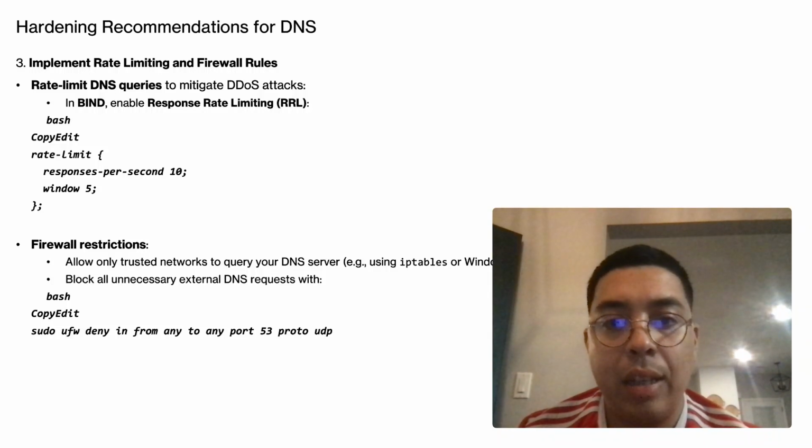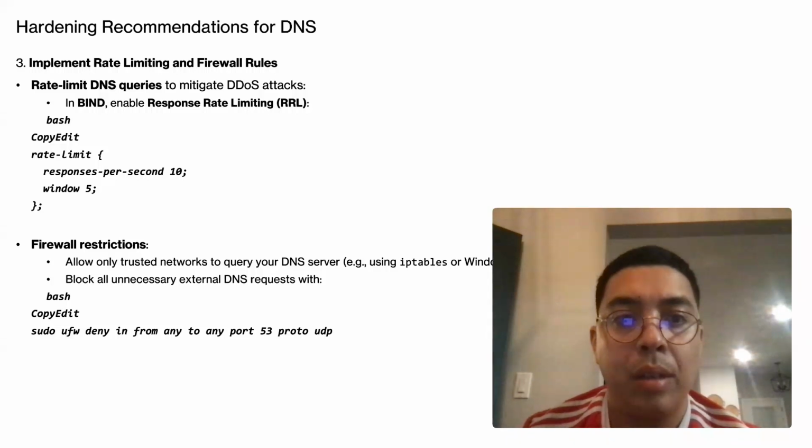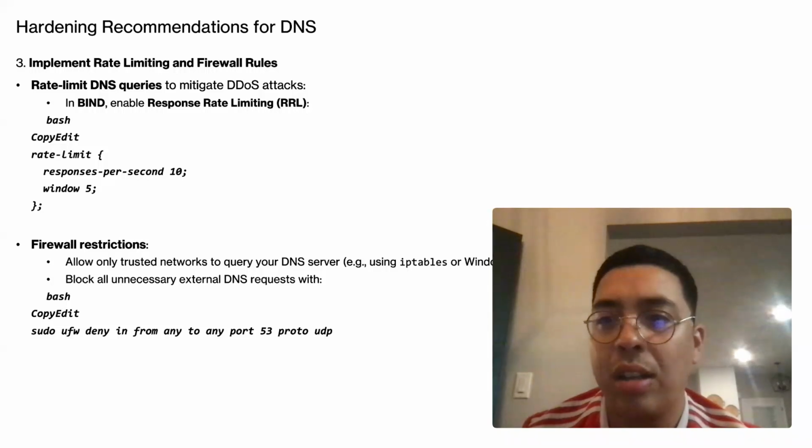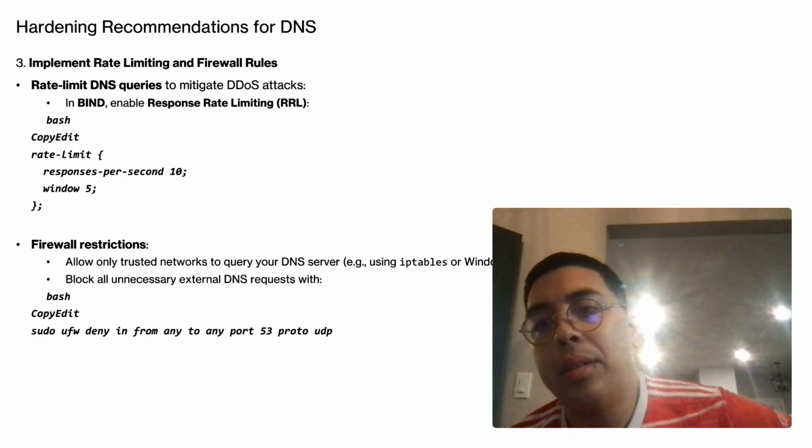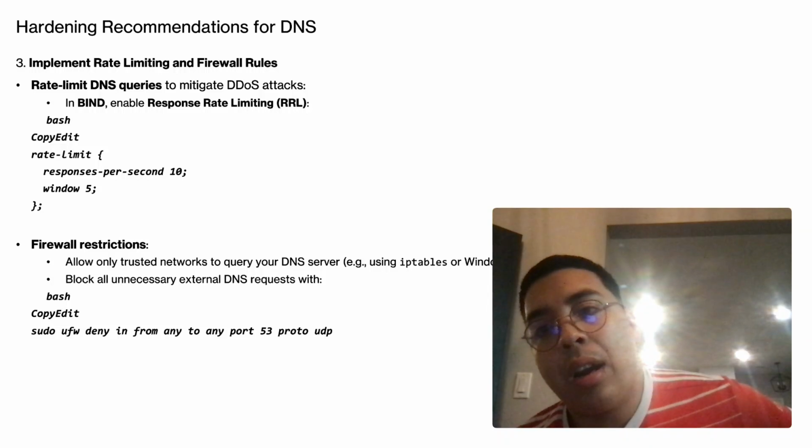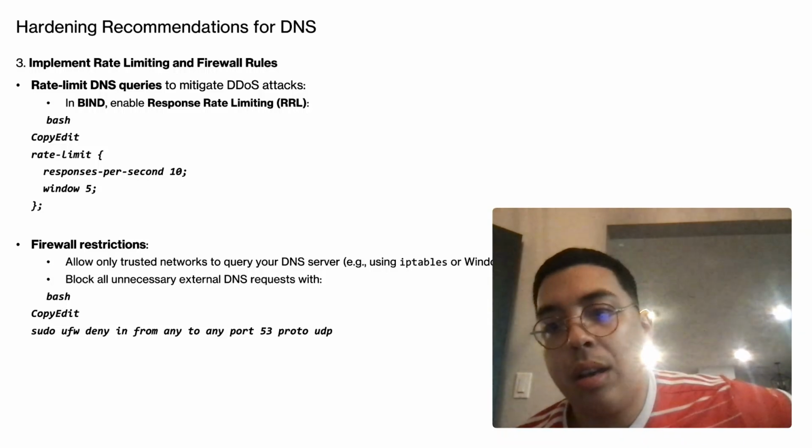But all in all, at the end, we just want to make sure that we are secure, and applying the hardening recommendations in these slides will help us move forward and put this into action.